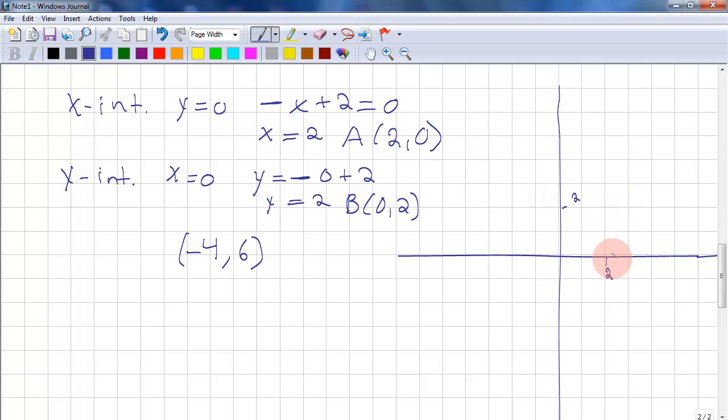So that's point B, point A. Okay, and the hole is at negative 4, 6. So negative 4, 1, 2, 3, 4, 5, 6. So this is our hole, but this isn't necessarily just a spot, so I have to draw it as a hole.